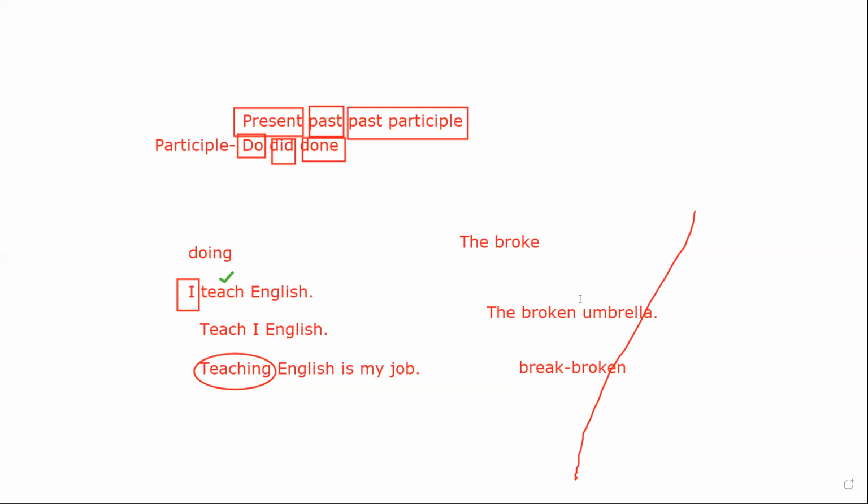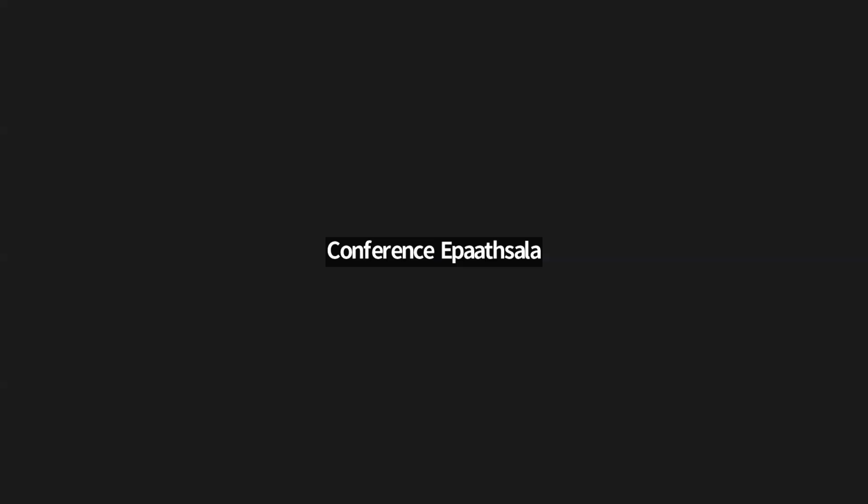So participle acts as adjective, gerund acts as noun. Is it clear?